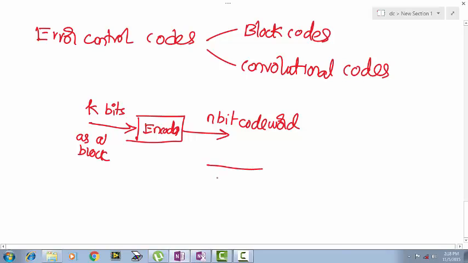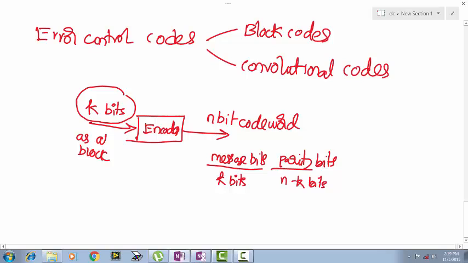I mean, the first k bits are the message bits, and the last n minus k bits are the parity bits or check bits.